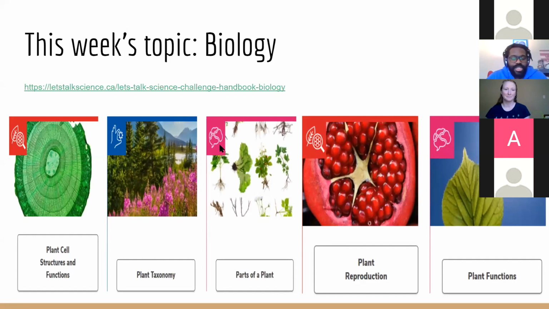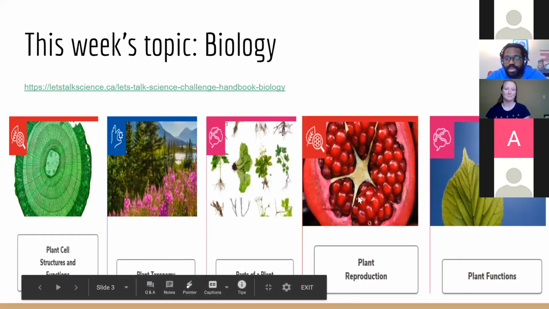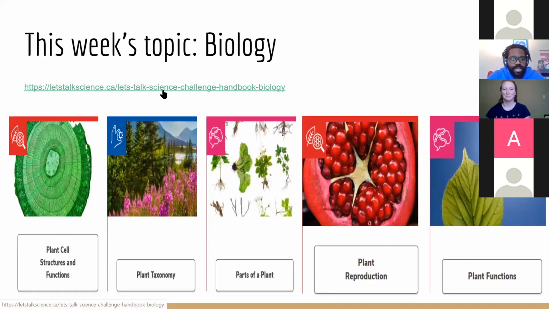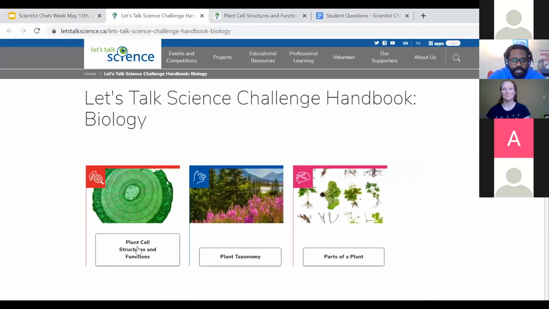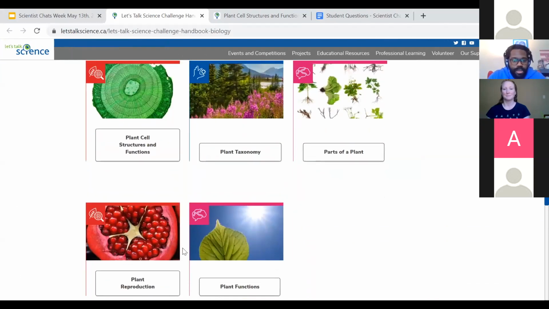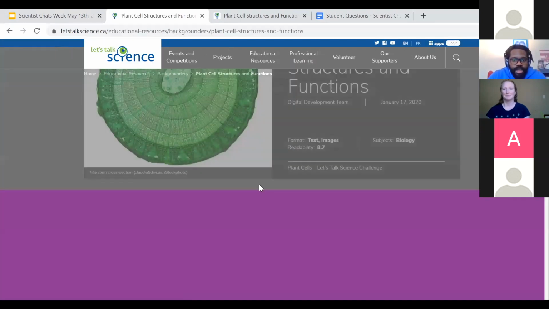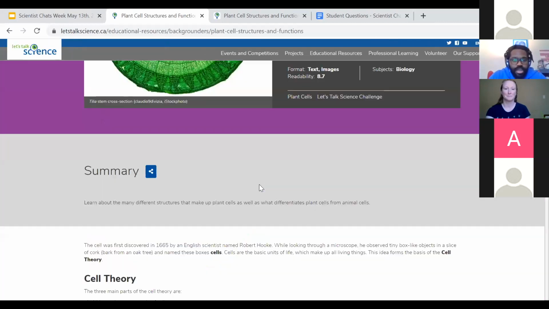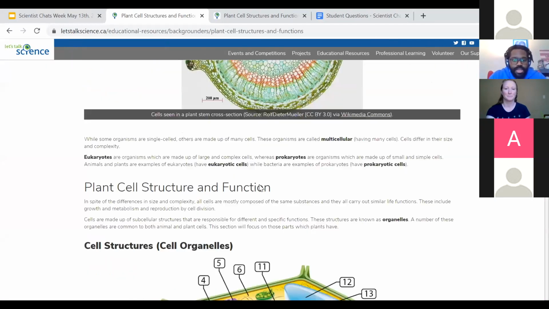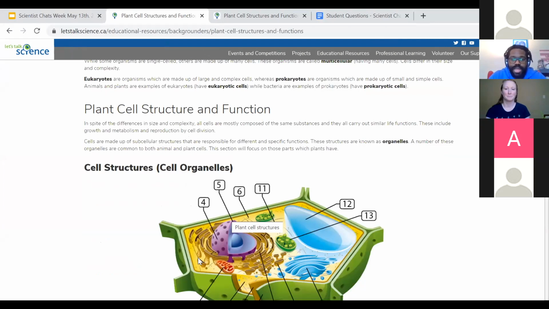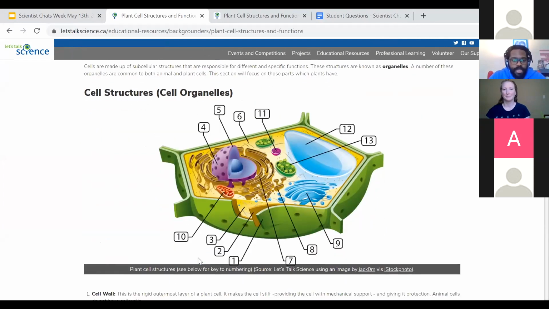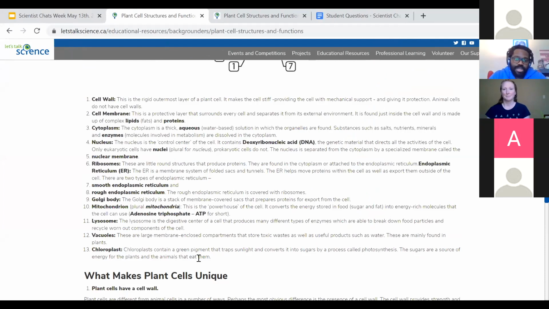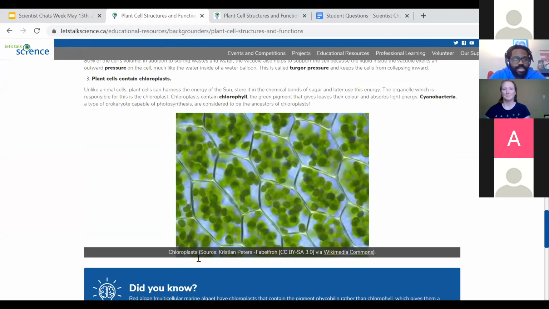So we'll be looking at topics such as plant cells and their structures, plant taxonomy, parts of the plants, plant reproduction, and plant functions. If we just take a quick look at the website, we'll be looking into the plant structure and functions, looking at cell theory, some of the features of a plant cell, such as cell walls, as well as the functions, what makes them unique, the ability to photosynthesize.